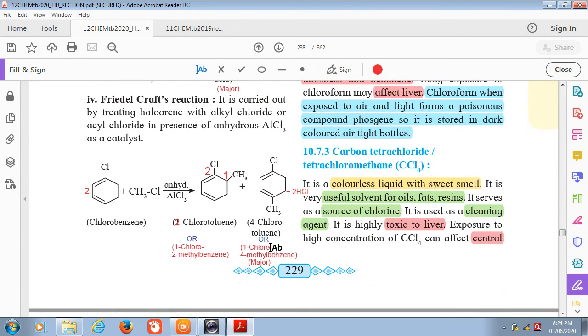Among that, again 4-chlorotoluene is the major product. You can write their other names. So for 2-chlorotoluene, 1-chloro-2-methylbenzene is the other name, and for 4-chlorotoluene you can write 1-chloro-4-methylbenzene as an alternative name. So for balancing, you can write here 2HCl.